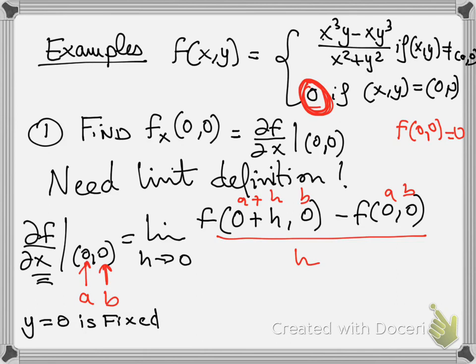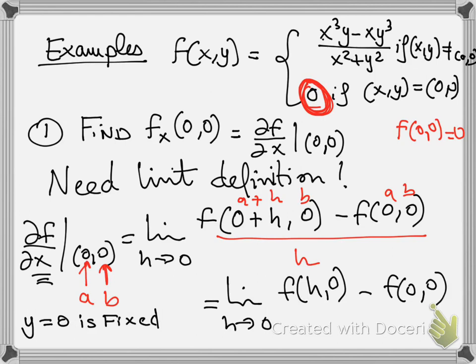So that will be equal to the limit as h goes to 0 of f of (h,0) minus f of (0,0) over h. Here, guys, f of (h,0): you need to be careful. h approaches 0 doesn't mean that h is equal to 0. It means that h is close to 0.